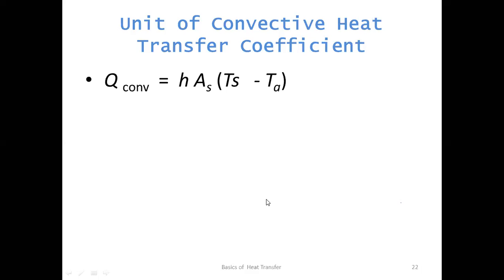All of you unmute yourself and tell me the answer. Delta T upon Q is nothing but R, thermal resistance. This we know.